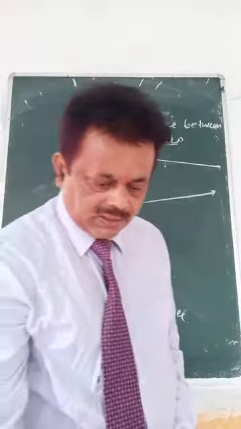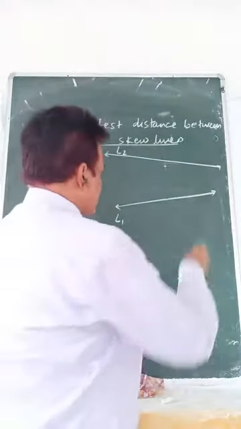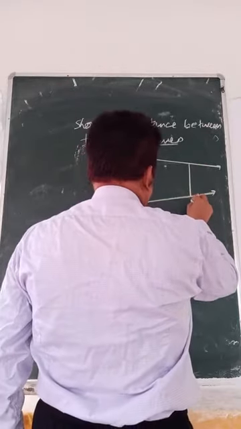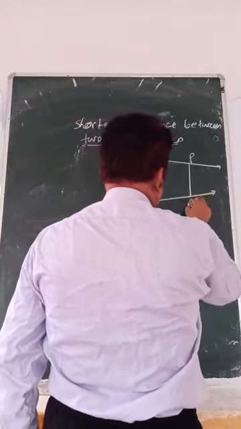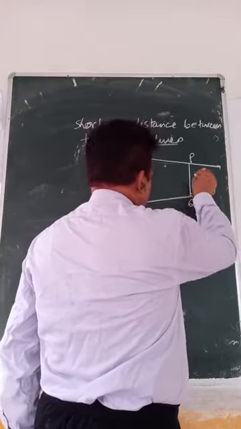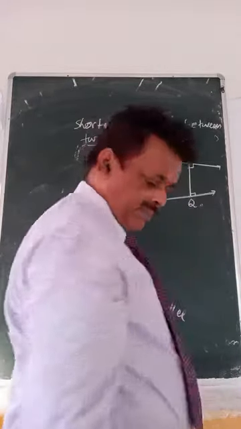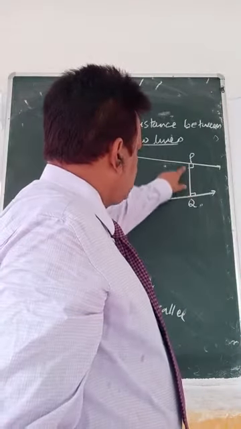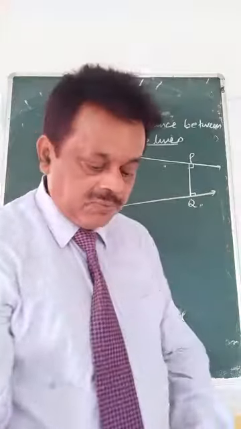So how to understand this? Suppose this is the shortest distance here, PQ, and it is perpendicular to both. So how can you say this is a line which is perpendicular to both?